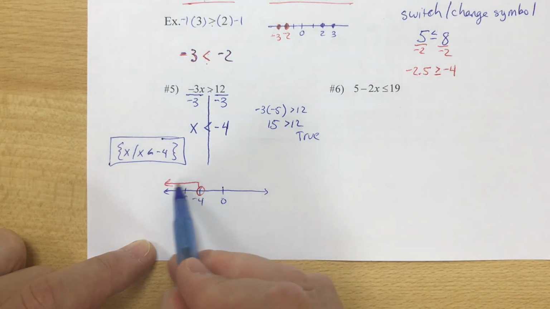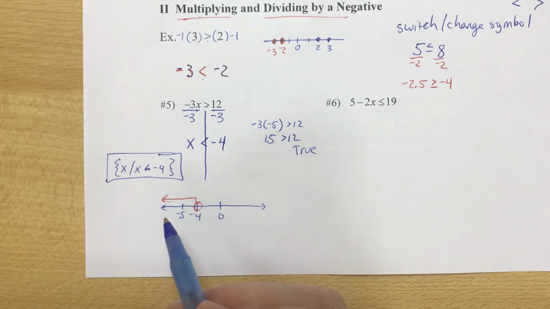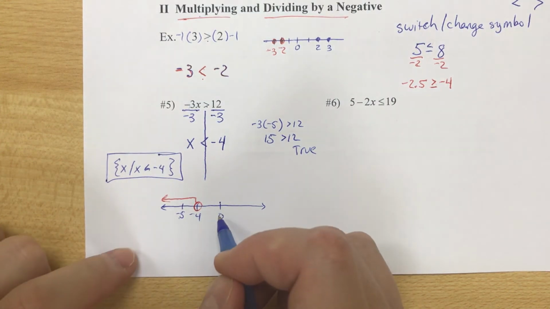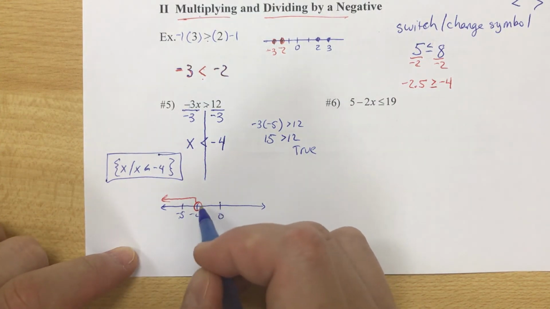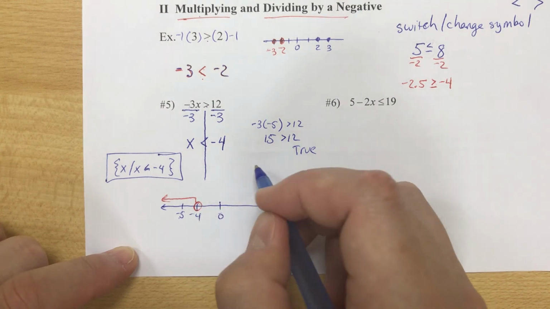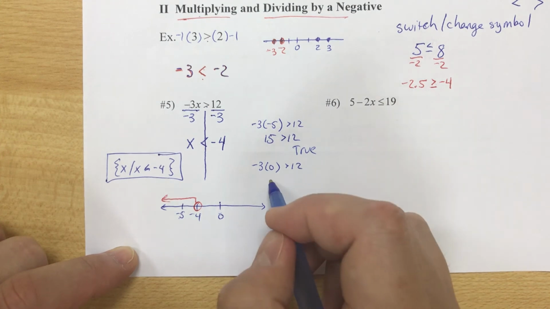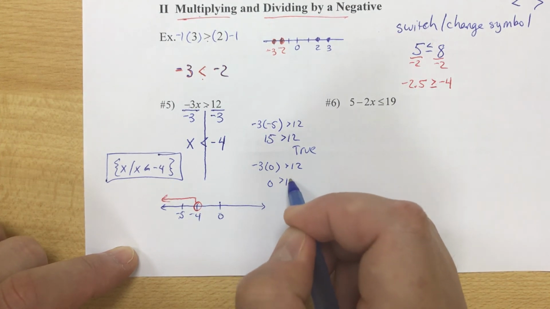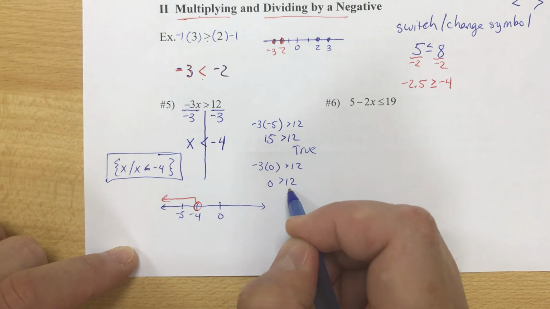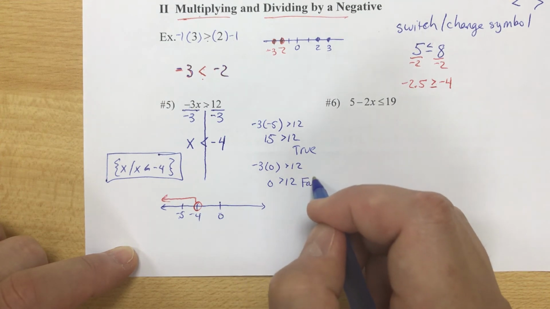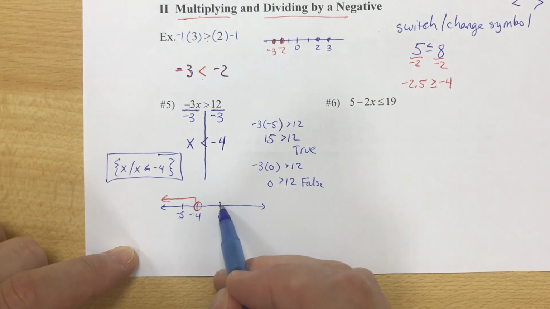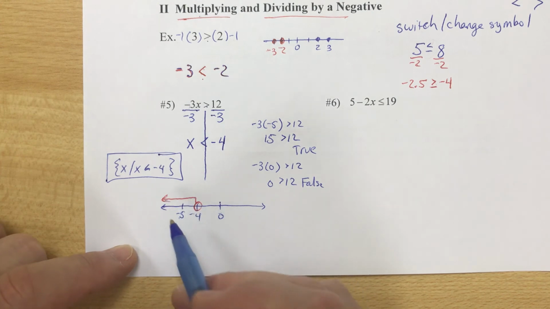So that means we're going in the correct direction when we do the shading. If I had tried 0, which is on the other side of negative 4, negative 3 times 0, is that greater than 12? I would get 0, but that's not bigger than a positive number. That's false. So 0 is on the wrong side. My solutions are to the left.